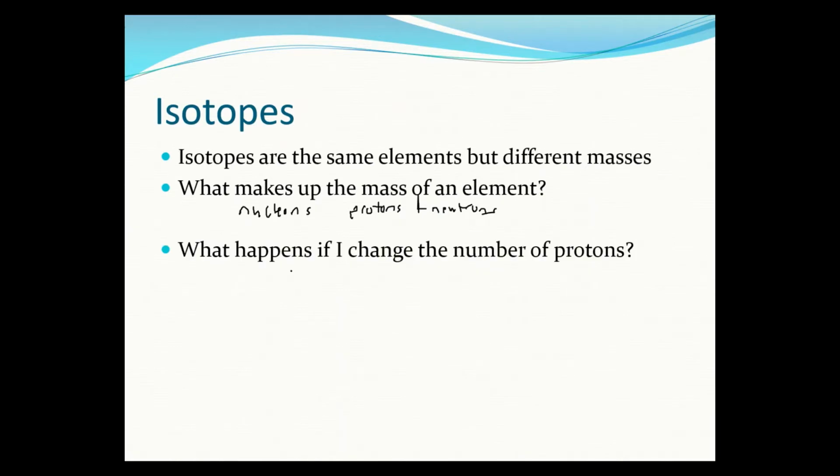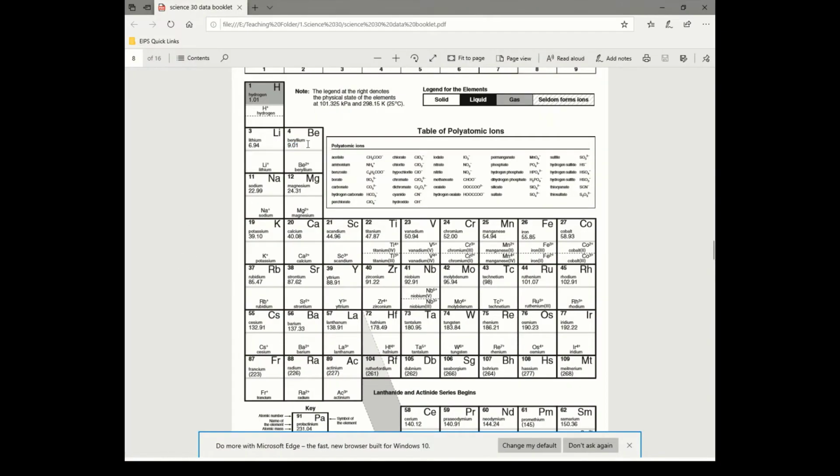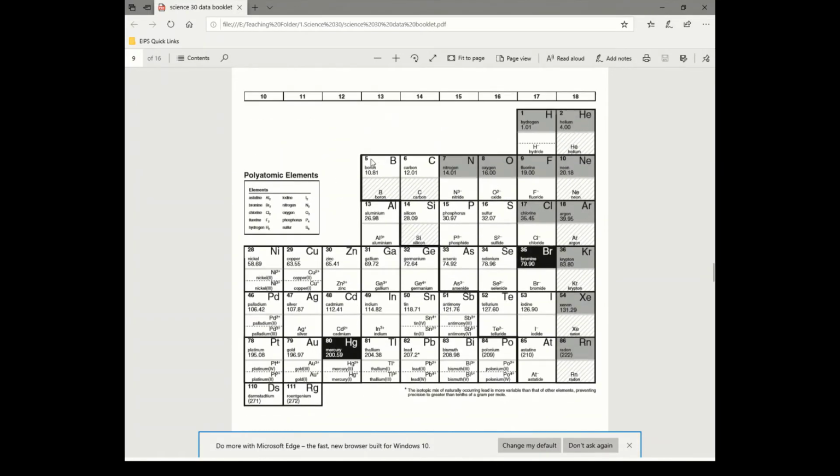So what happens if I change the number of protons? Let's say we took our beryllium atom and we added another proton. Well, it's not going to be beryllium anymore. It's going to have 5 protons, so it's going to change into boron. If we add another one, it would change into carbon.